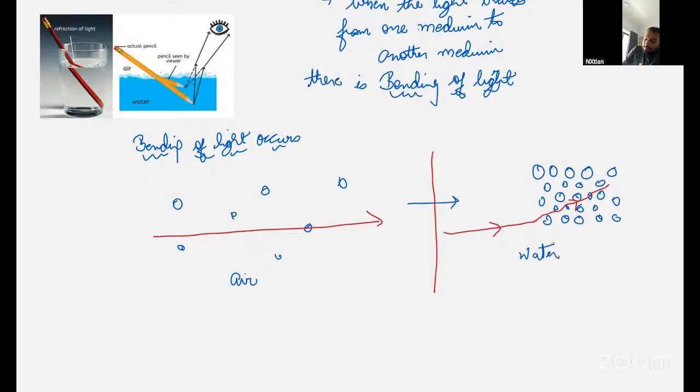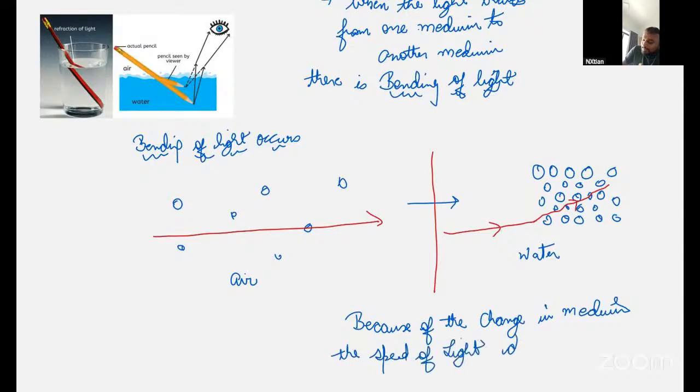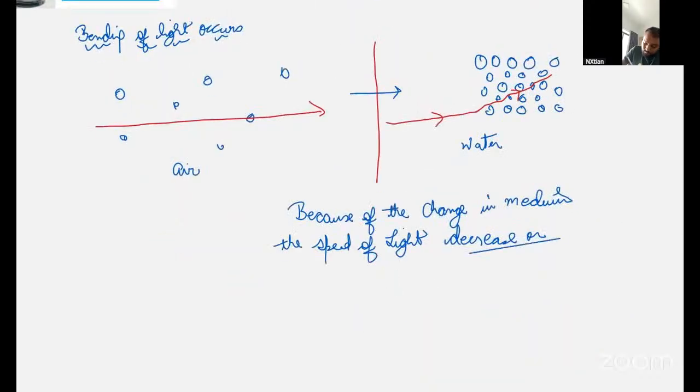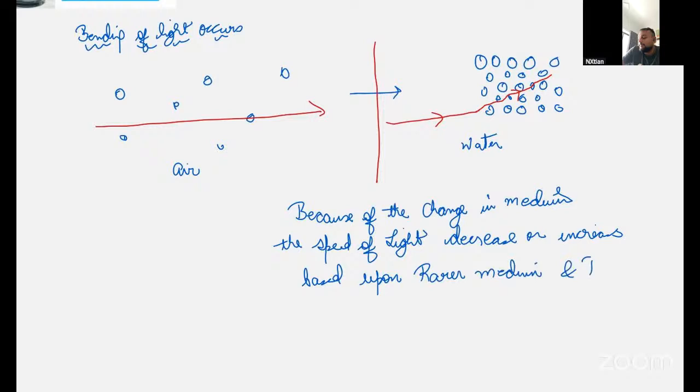The conclusion is that because of the change in medium, the speed of light decreases or increases based upon rarer medium and denser medium.